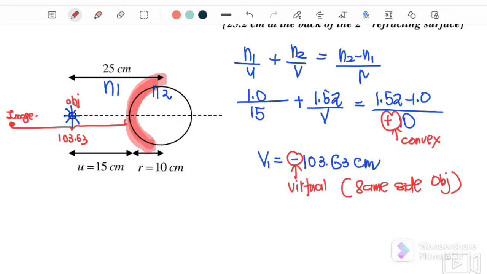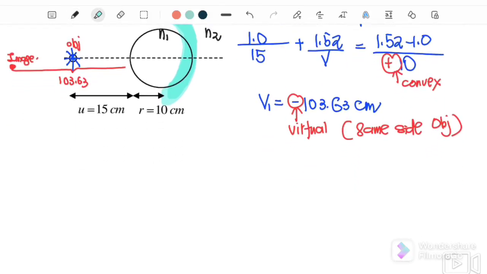Next is the second refractive surface. I will wrap the first one. The second refractive surface is from the glass sphere to the air, meaning N1 is the medium where the object is located.